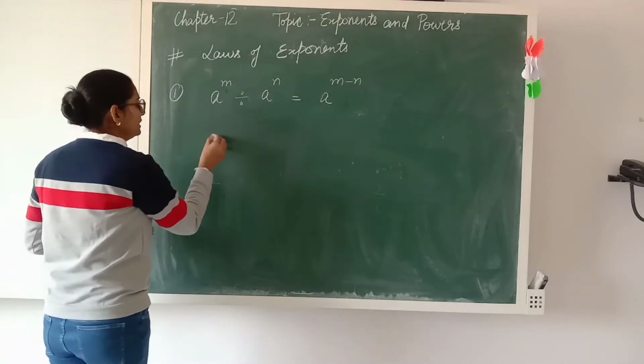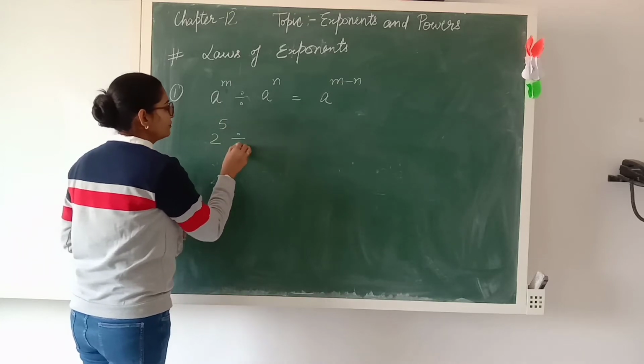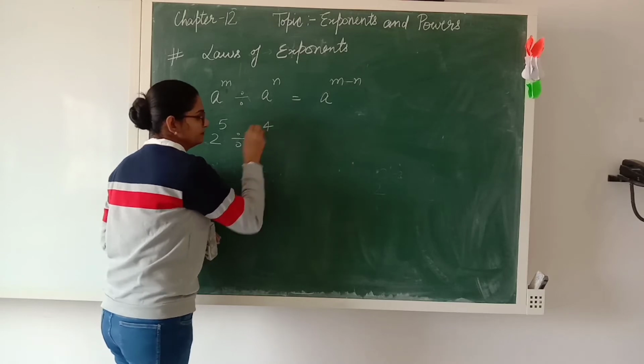Now take an example. You have 2 raised to the power 5 and you have to divide this number by 2 raised to the power 4. Okay.